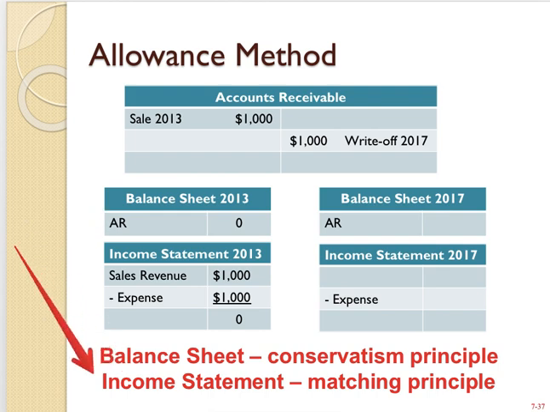And it also causes our income statement to follow the matching principle, because we're matching the expense of bad debt with the related revenues that we took that risk on in the first place, right? We took the risk of a credit sale in order to make that sale, to make that revenue, and that risk happened at the time that we made that sale. So we want to match the risk with the related revenue.